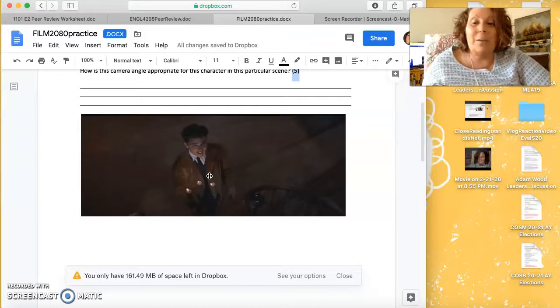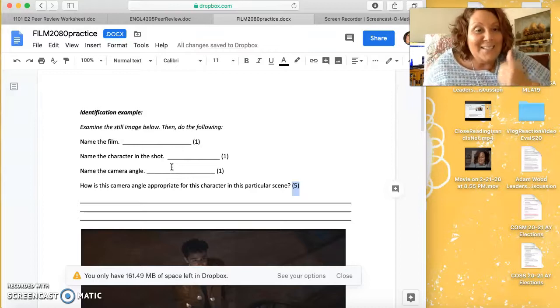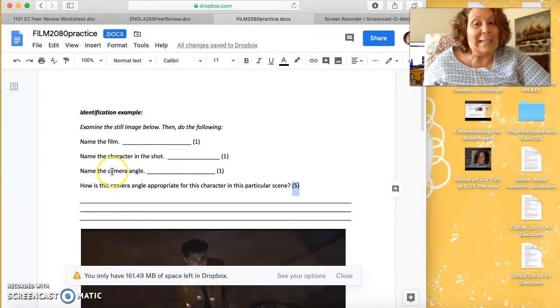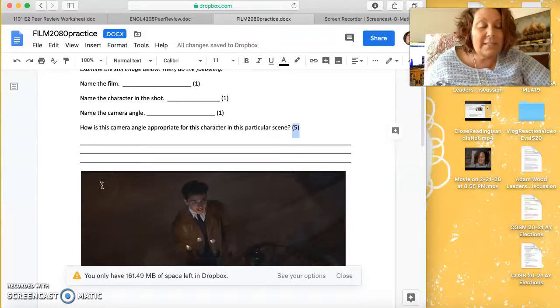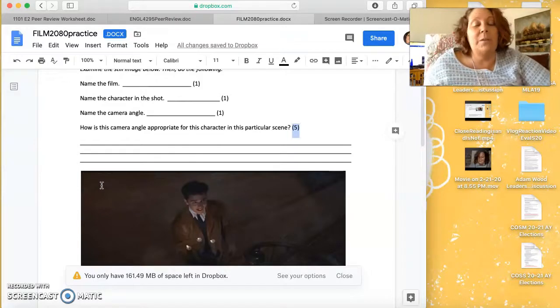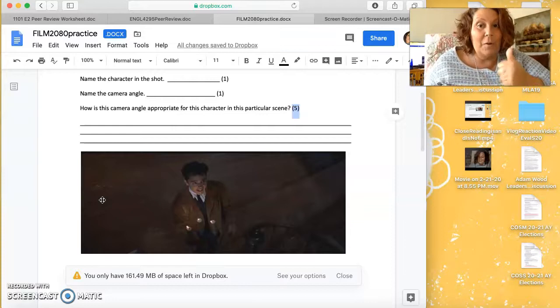And in doing so, not only were we practicing for the exam, but I was moving them from basic comprehension and memory of having watched Rebel Without a Cause, discussed its characters, and I'm moving into the technique of film. So again, the idea that they were building a toolbox for the genre. This is the first film that we studied in this class. And then the hardest thing, which again earns them the most points, is how is this camera angle appropriate for this character in this particular scene.